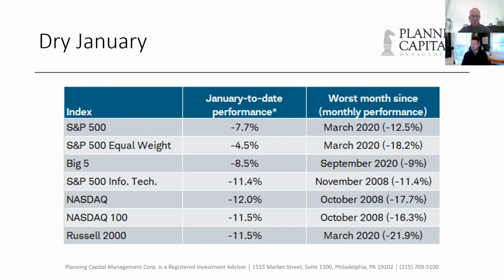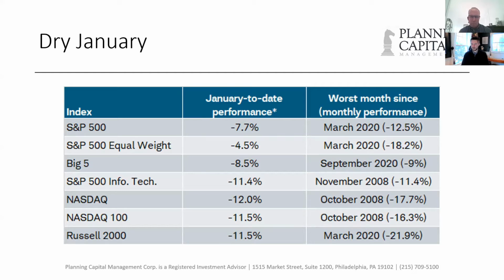We have kind of two different pieces here. So there's the S&P 500, broad measure of equity markets. U.S. equity markets down 7.7%, worst monthly performance basically since COVID. And then there's really two things to look at here: the S&P equal weight, and the reason that's on here is because the S&P is market cap weighted.